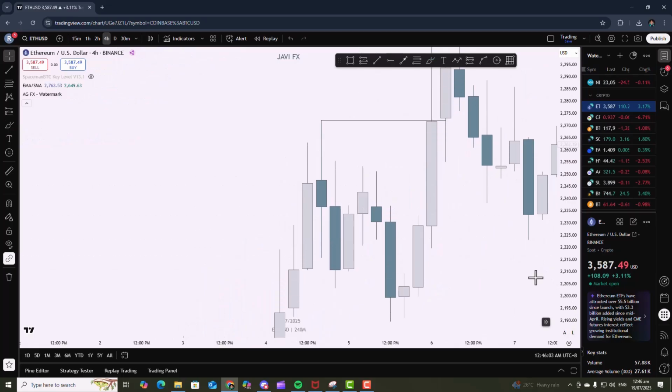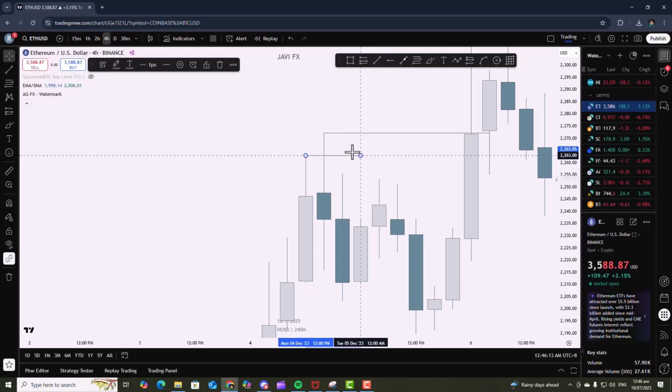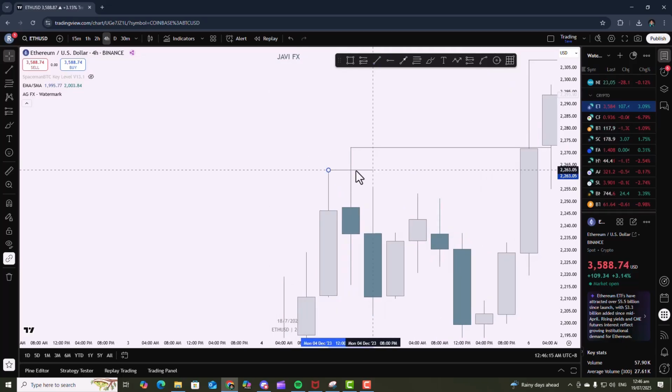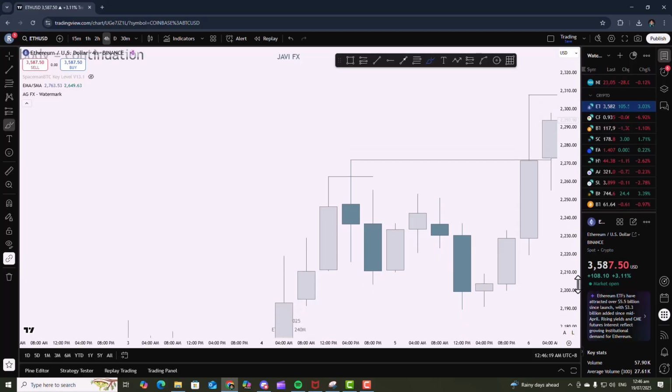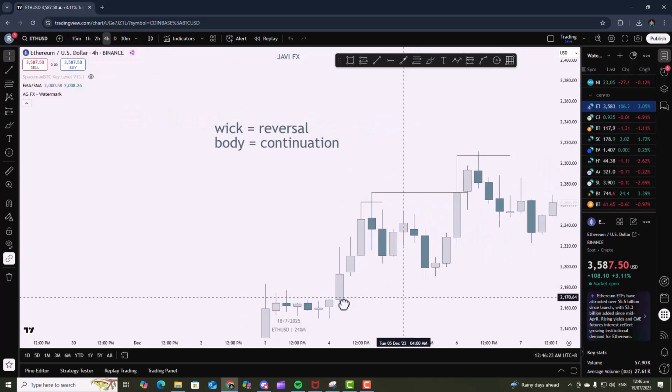Same thing here. Guess what? This is not a body close, just a wick. Therefore, what did we see? A reversal, right? Very simple.